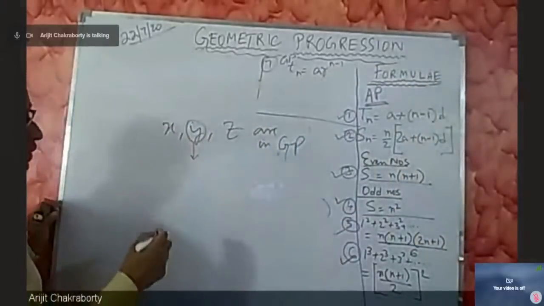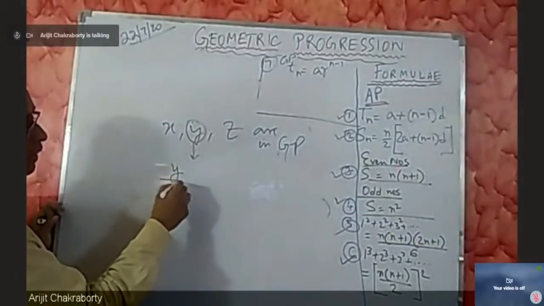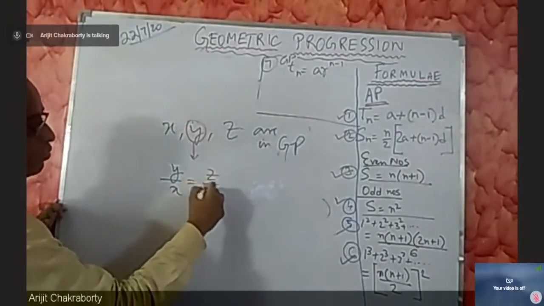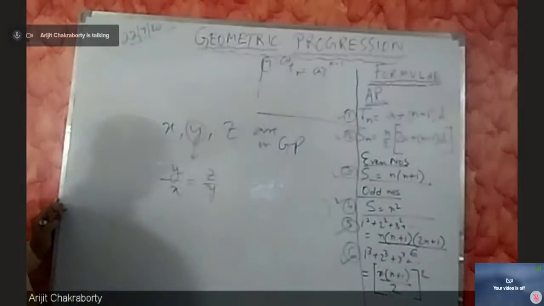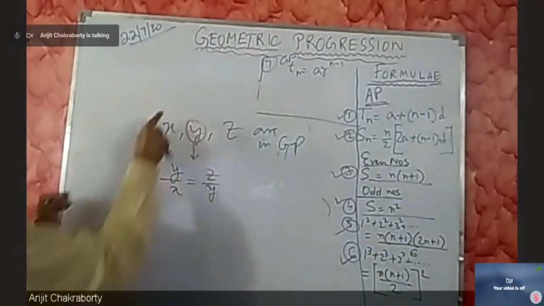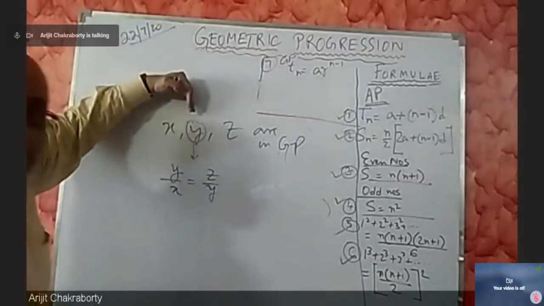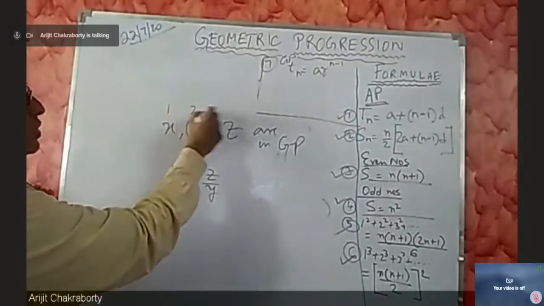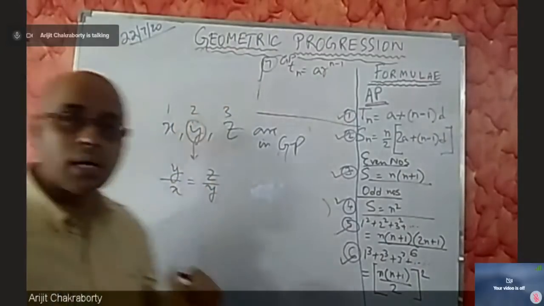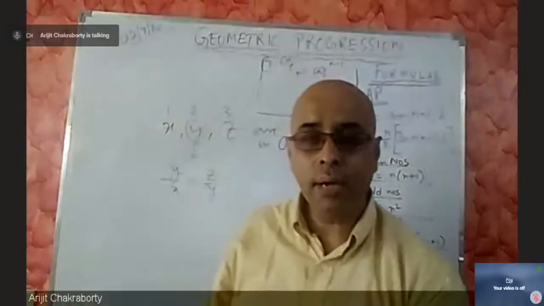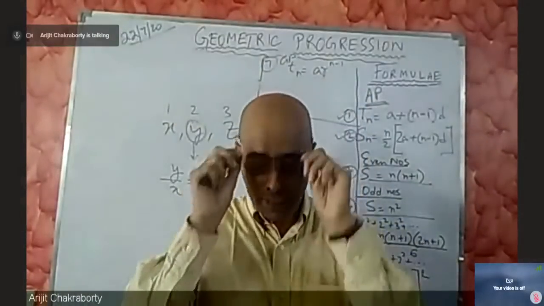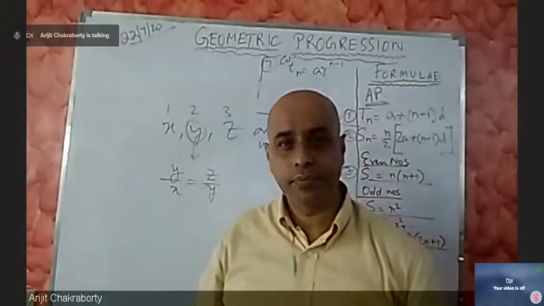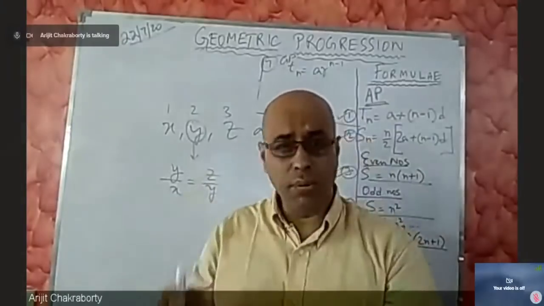The relation will be Y by X equal to Z by Y. Y by X is the middle term divided by the preceding term. Let's call them term 1, 2 and 3. Second term by first term is equal to third term by second term, and that is the common ratio.